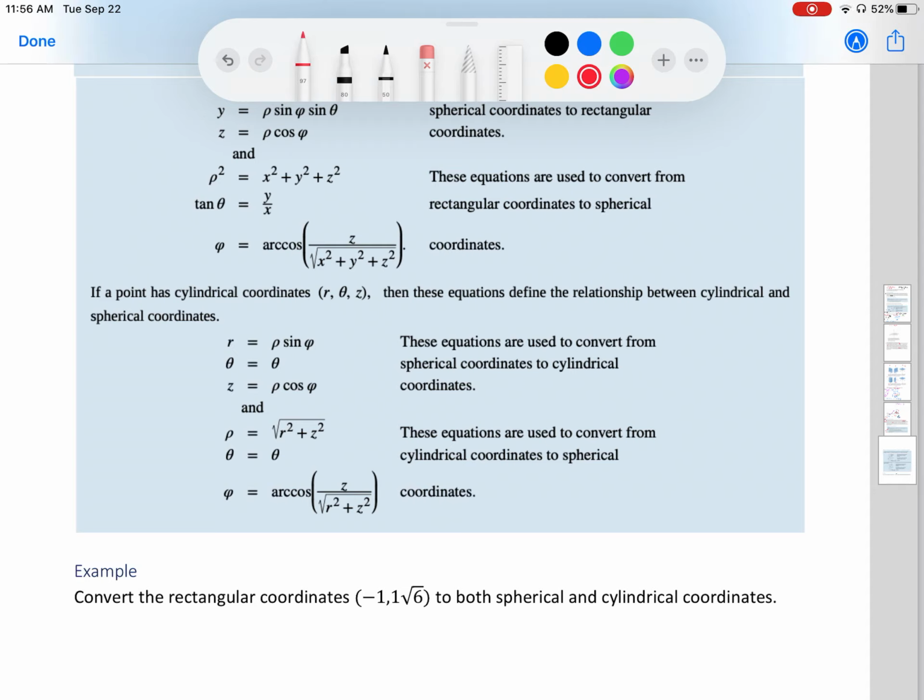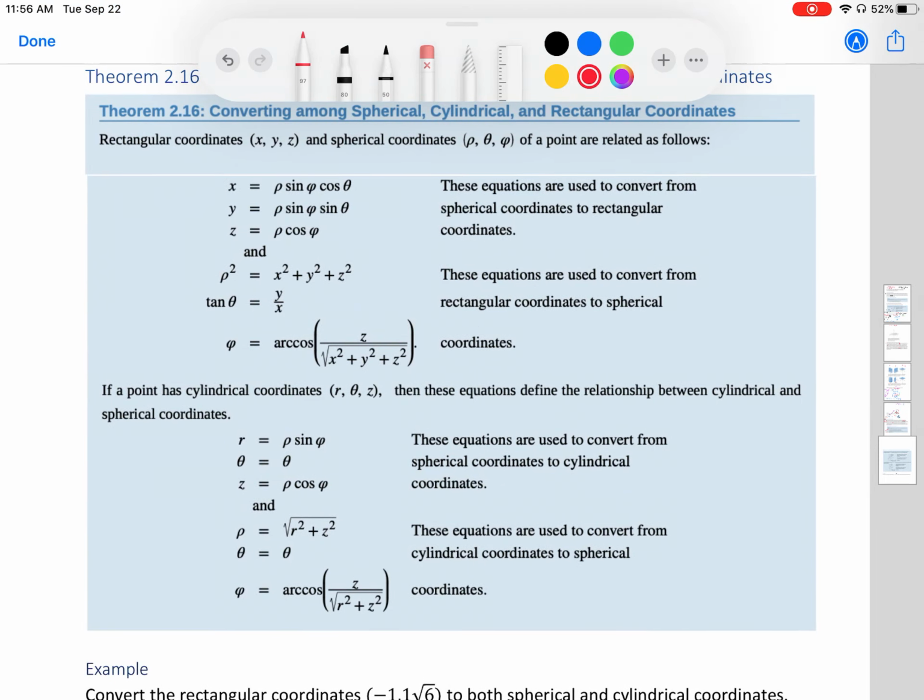And rho is equal to the square root of r squared plus z squared, and theta is equal to theta. And phi is the arc cosine of z divided by the square root of r squared plus z squared. Okay, so you have these all handy. I think these are worth printing, maybe cutting up, or writing on a post-it.